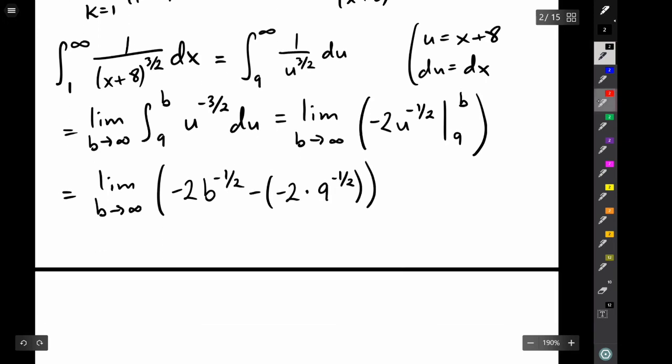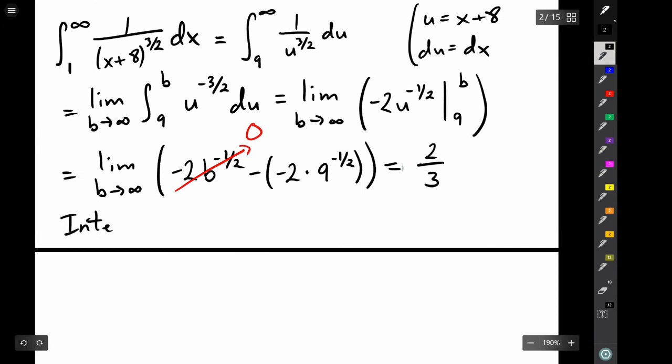Right? Here, since this right here is a negative power of b, this is going to go to 0, which is great. Right? And that leaves us here with this, I'll let you work this out here, but this is just going to go to 2/3. Right? That's a finite number. So this integral converges.